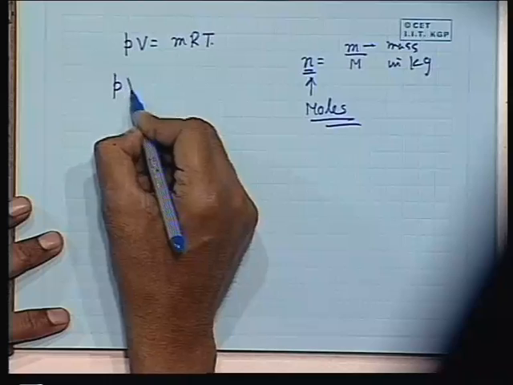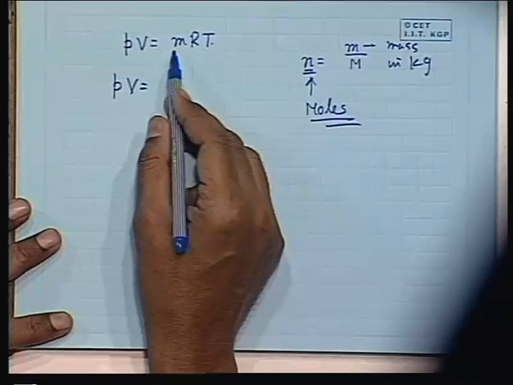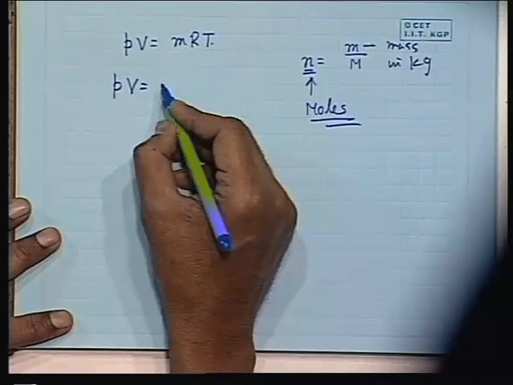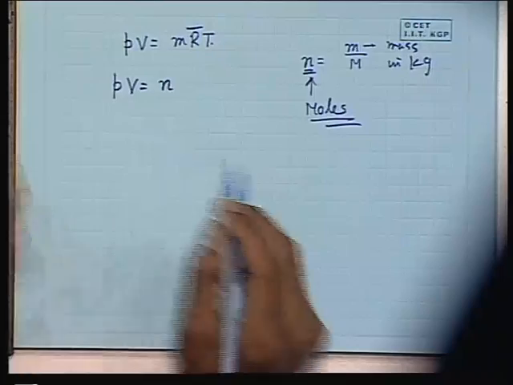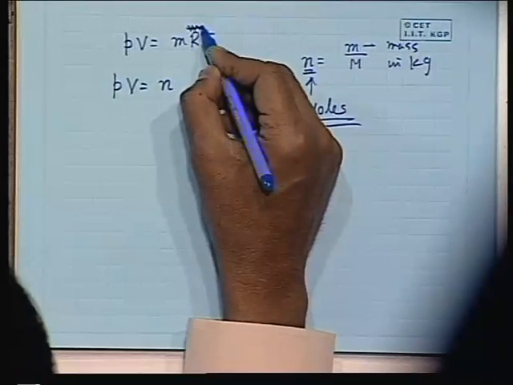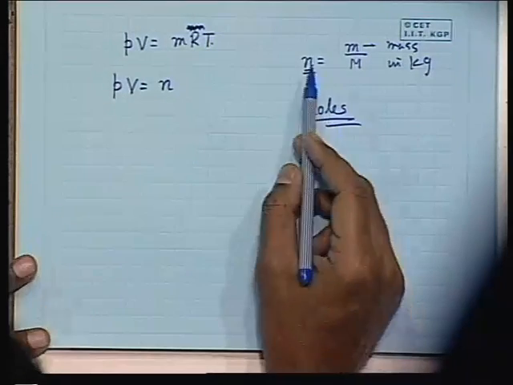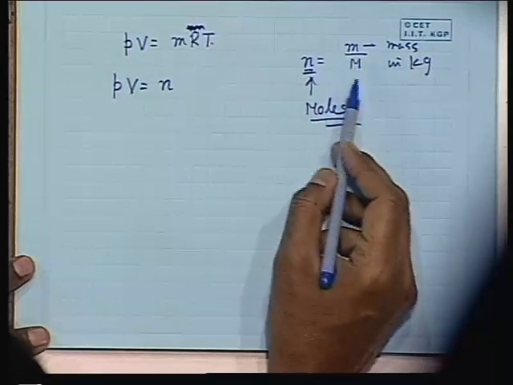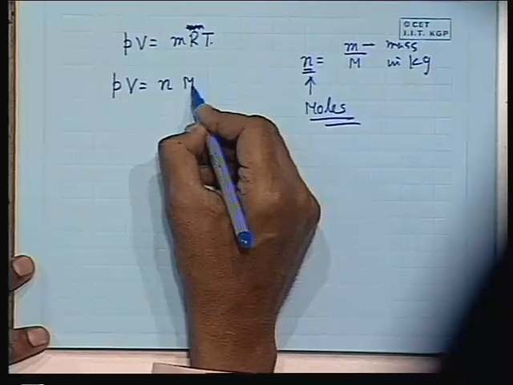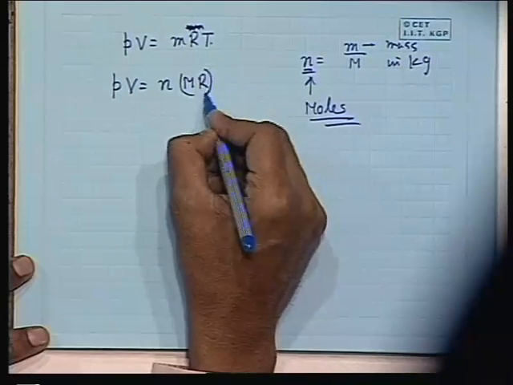And if you do that and substitute this in the equation of state, what do you get? Here you use R bar, sorry, R. All right, R bar I will use for the universal gas constant. Then if you substitute m is equal to n times M, then M into R I take in a bracket.